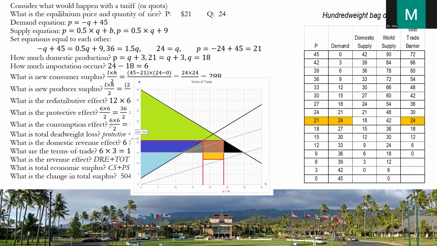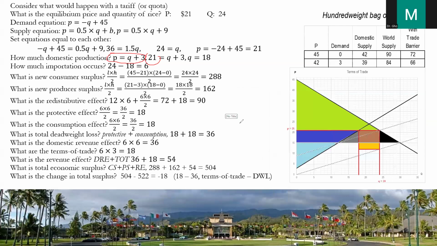What is the level of domestic production? At a price of 21, we'll take the domestic supply curve, plug in the price, so 21 equals Q plus 3, which gives us 18. Because now we're done with the schedule, we're just doing a bunch of math.